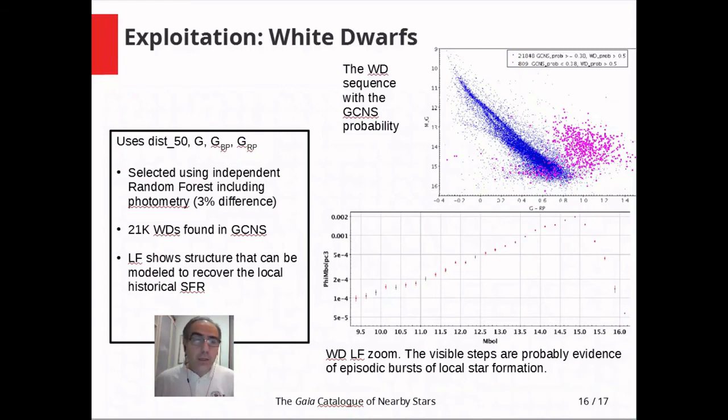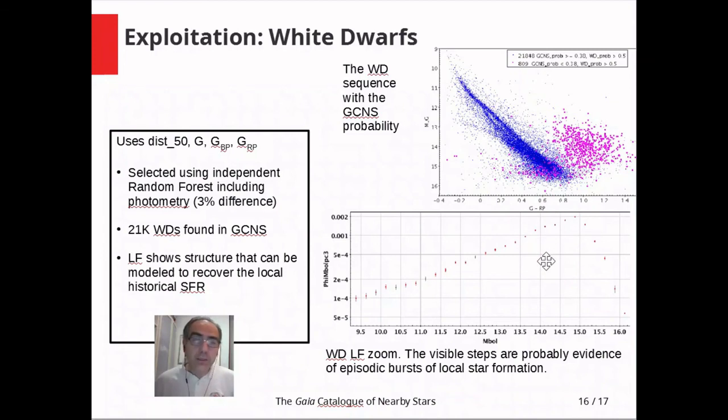And with this sample, we are able to build this complete luminosity function with a lot of details that were not previously seen in other studies. In particular, this region here seems to have a structure in the luminosity function, providing clues that maybe some burst in star formation was produced at this stage where these white dwarfs were created.